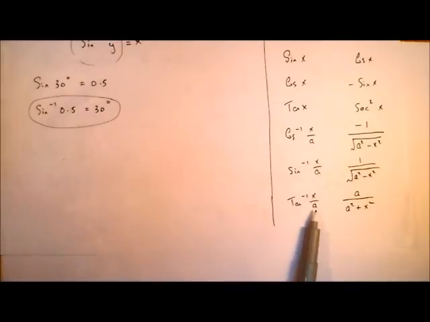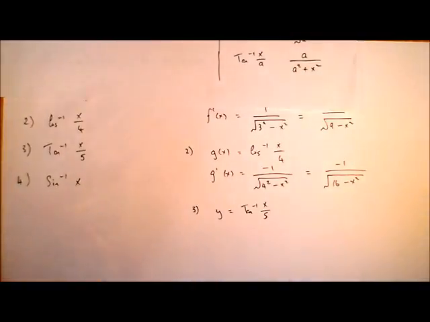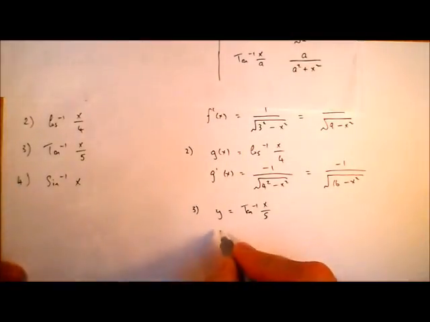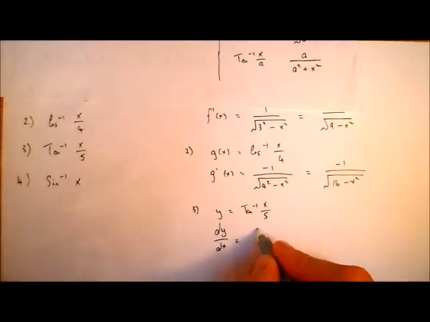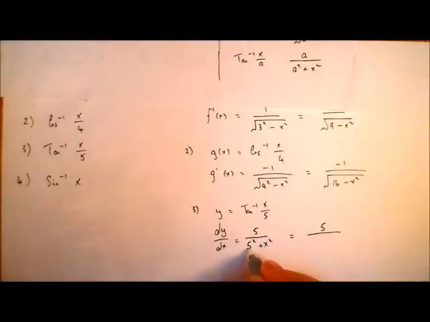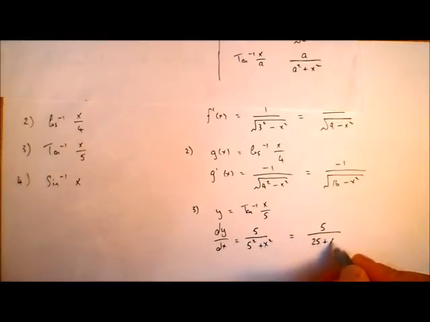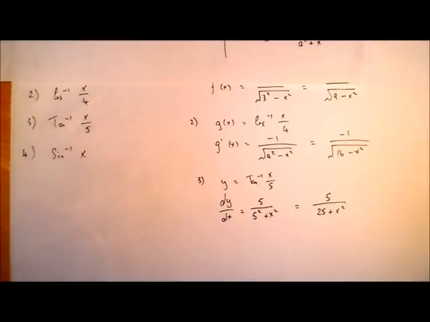So tan inverse x over 5 will differentiate to give us 5 all over 5 squared plus x squared. Here we'll have dy over dx, because we're using this notation. dy over dx will be 5 all over 5 squared plus x squared, and 5 squared is 25, so 5 all over 25 plus x squared. Again, very straightforward.